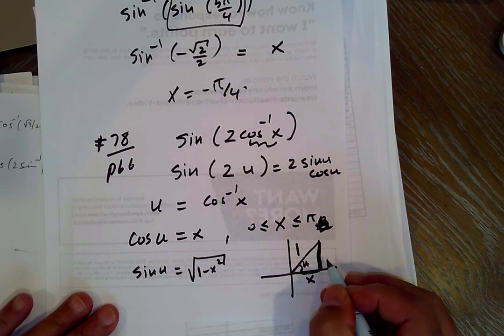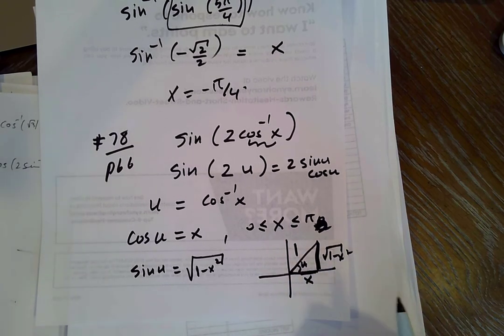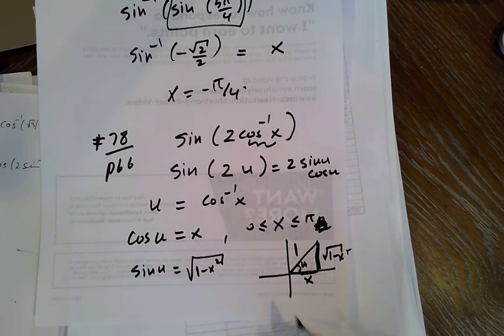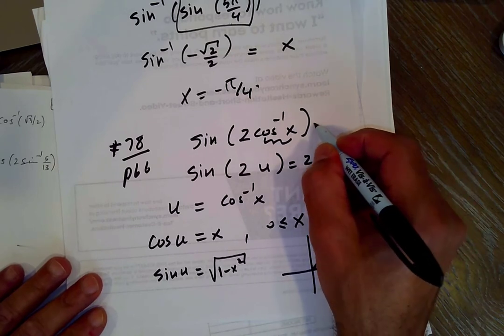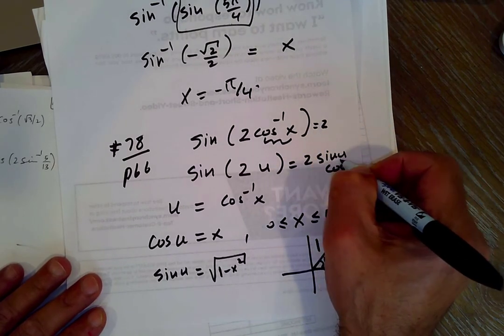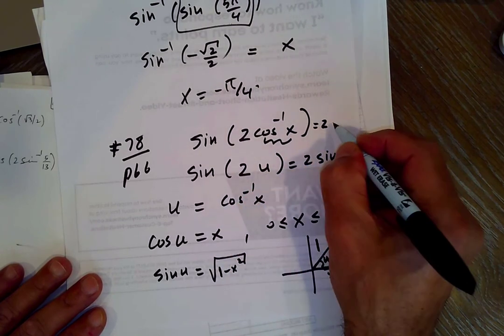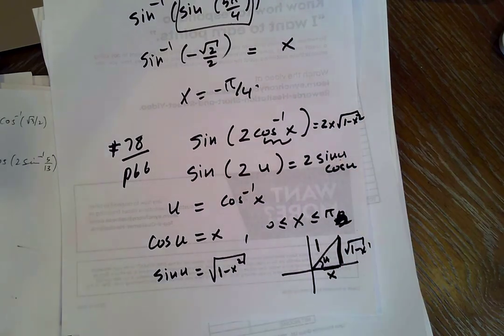If this is 1, because it's a unit circle, then this would be the square root of 1 minus x squared using the Pythagorean theorem. Or if it's in this quadrant, same thing. It would be positive. So sine of 2u is 2 sine u, which is root 1 minus x squared, times cosine u, which is x, so 2x root 1 minus x squared. And that would be the answer.